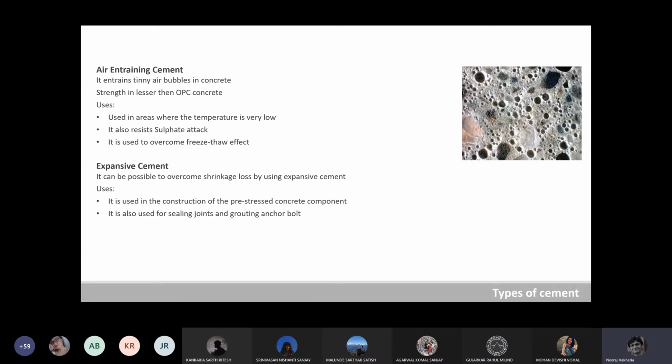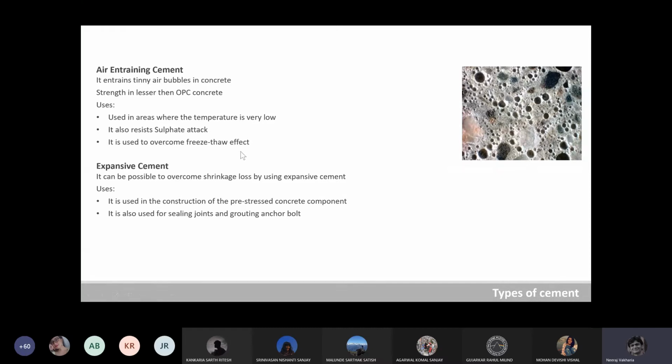This cement has, of course, less strength than OPC concrete due to the voids, but it is used where the temperature is very low. It also resists sulfate attacks, and it is used to overcome the freeze-thaw effect.